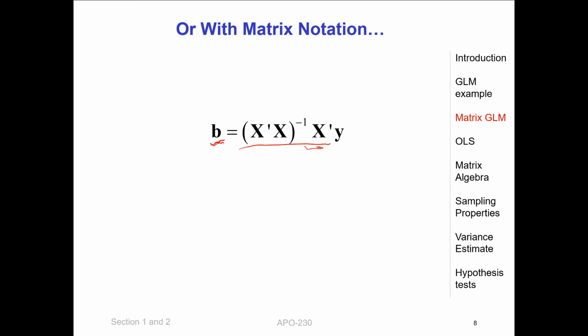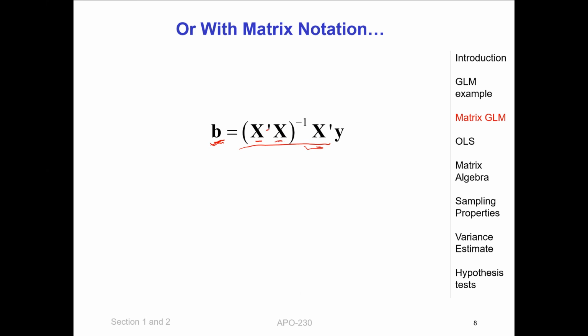So you collect all the parameters, each element, each value, in a vector called b. And the big capital letters usually point to a matrix. So there is a matrix X, and the transpose of matrix X, like X transpose. What transpose means, we will see shortly.